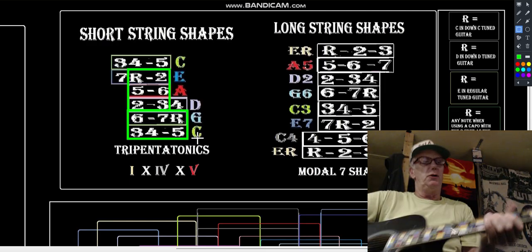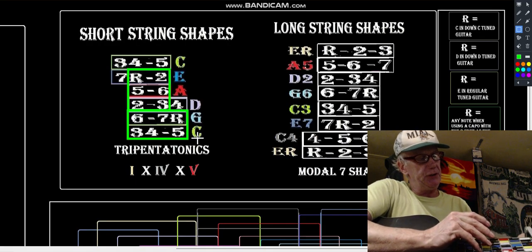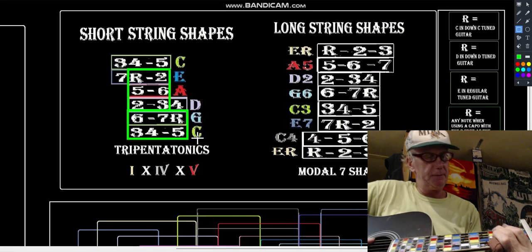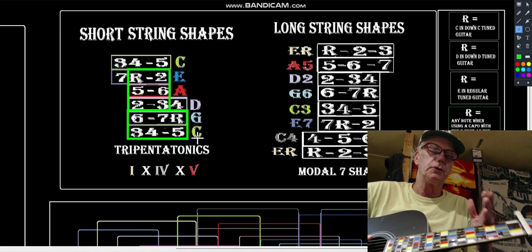So if we want to do a whole thing starting from G, it would be 6, 7, root, and then G in the word CAGED goes to E.